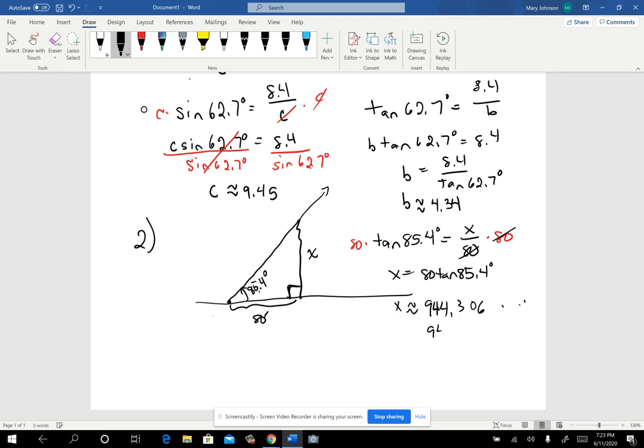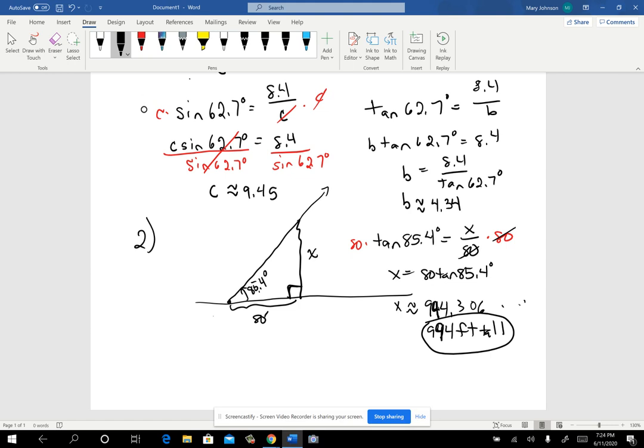They said nearest foot, so it's about 944. I wrote that wrong. It was 944 feet tall. Okay, so that's one where we had to draw a picture in order to figure it out.